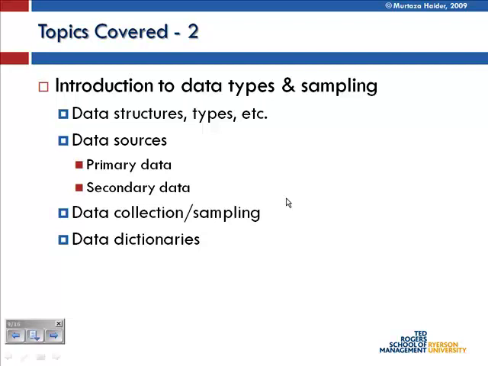From data collection and sampling, we will move to a very interesting topic, which is data dictionaries. And the data dictionaries are metadata. This is the data. This is the database of the database. This is the information about the data.